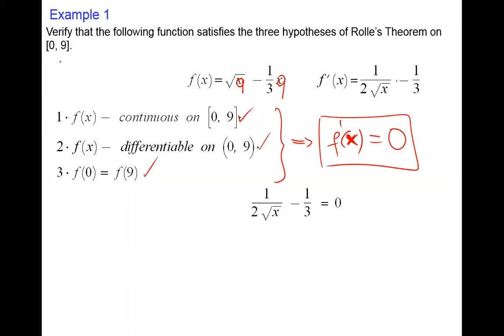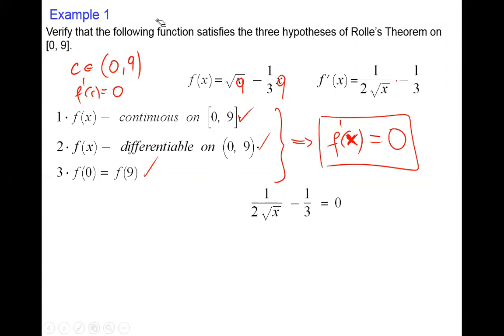I will know that between 0 and 9 I do have a number c. I can put c belongs to the interval from 0 to 9. The derivative at c is 0, which means the slope of the tangent is 0. Depends what we're doing, depends what we need. This will be quite sufficient information.